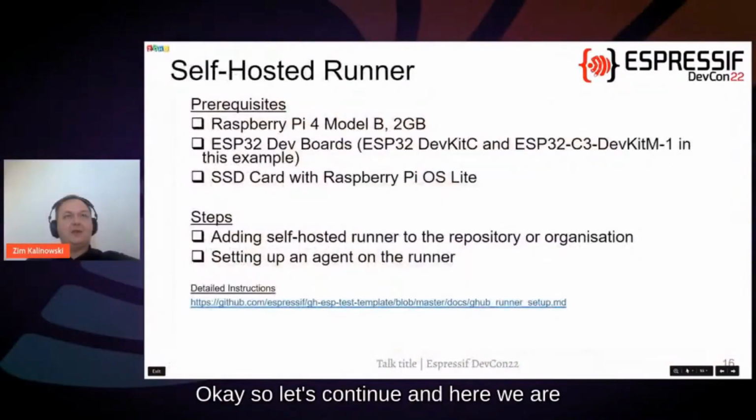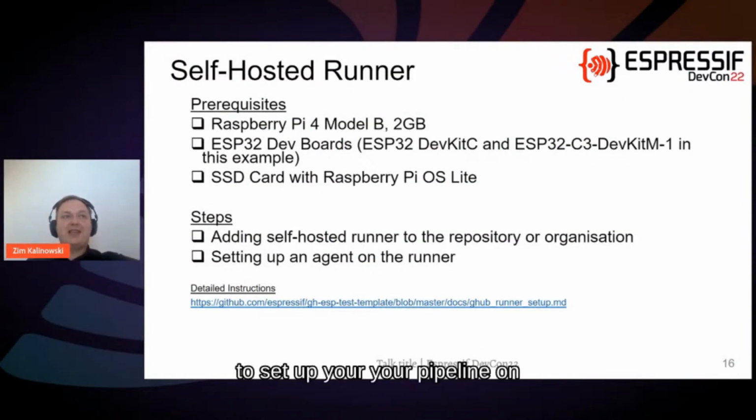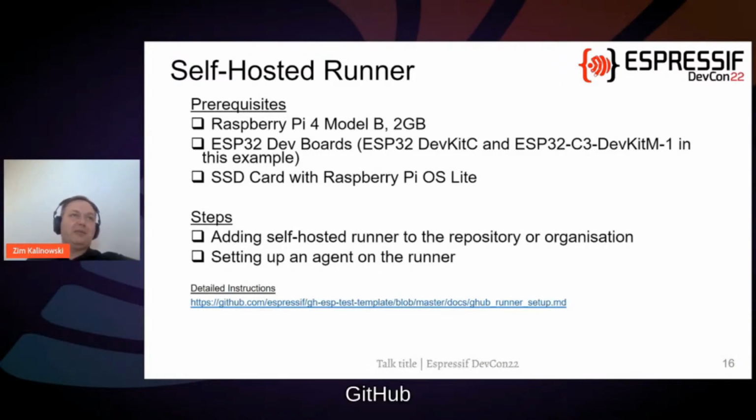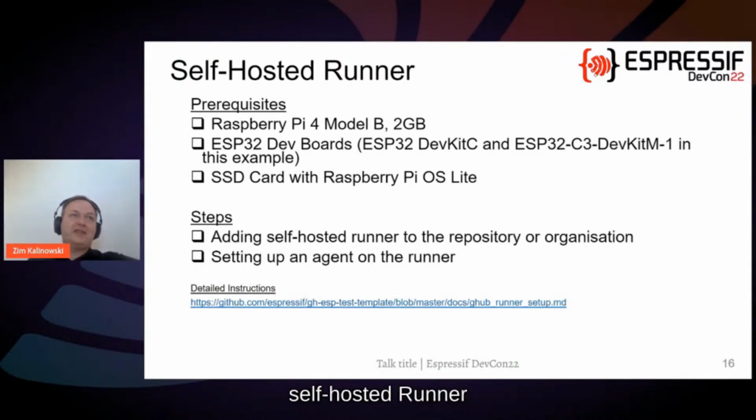Okay, so let's continue. Here we reached prerequisites that may be necessary to set up your pipeline on GitHub. Firstly, if you want to run tests on actual hardware, you may need to set up a so-called GitHub self-hosted runner.